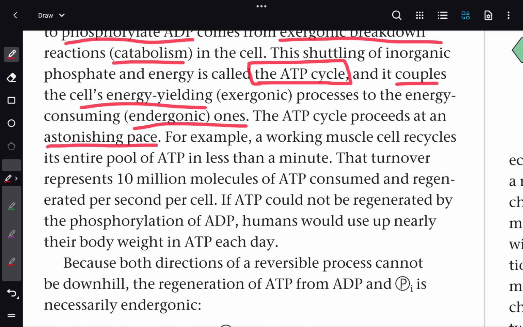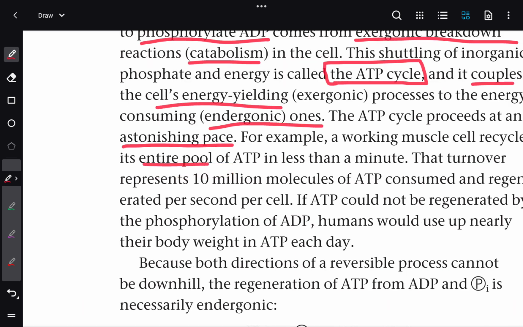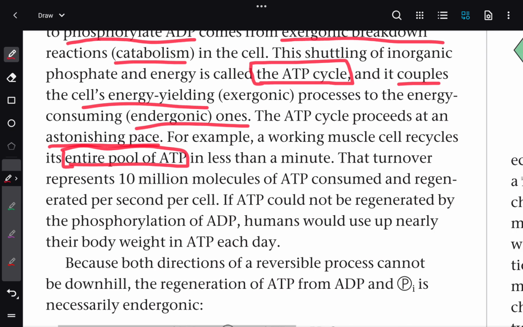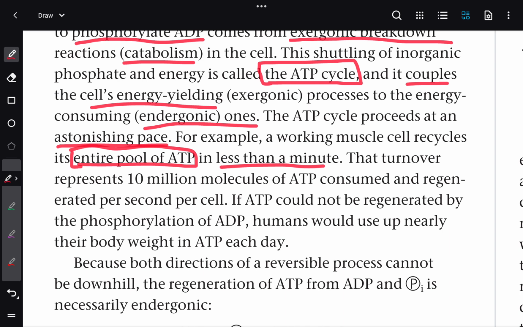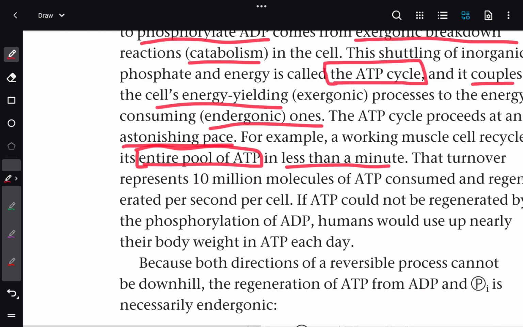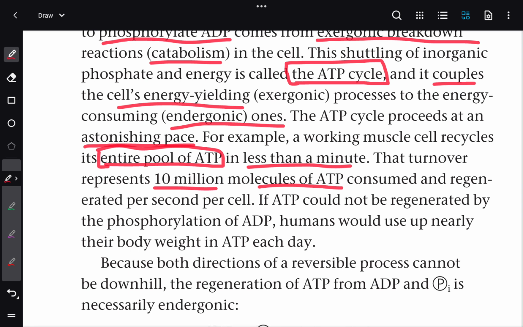For example, a working muscle cell recycles its entire pool of ATP, wow, in less than a minute. That turnover represents 10 million molecules of ATP consumed and regenerated per second, per cell.